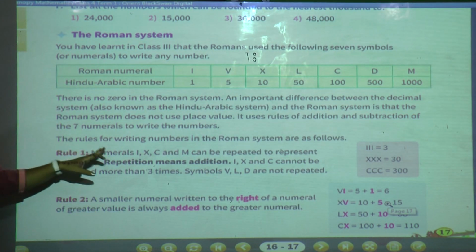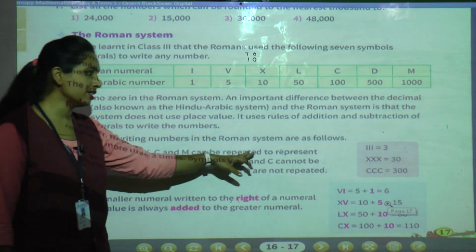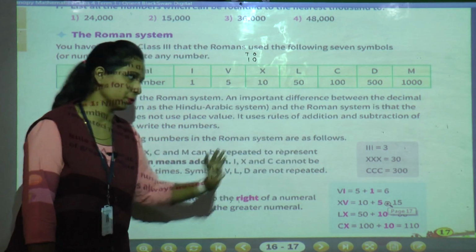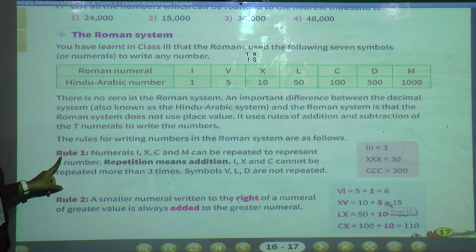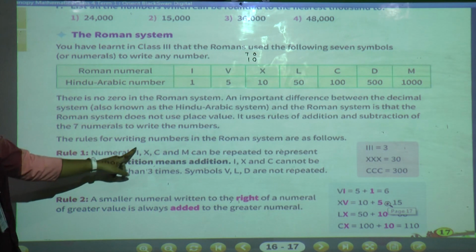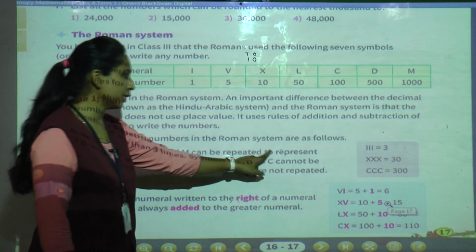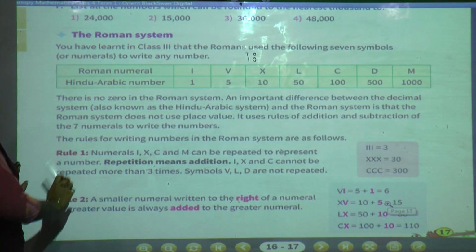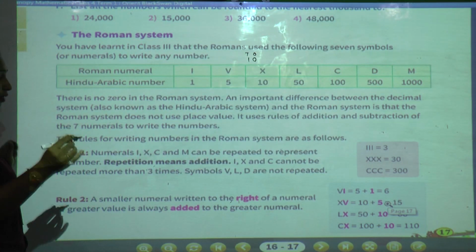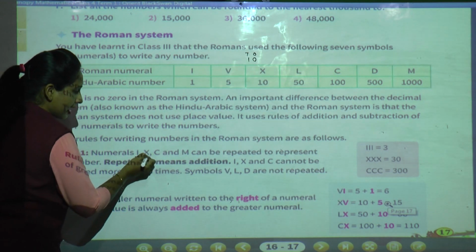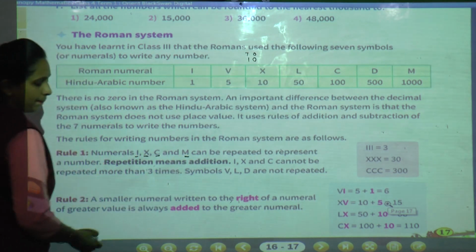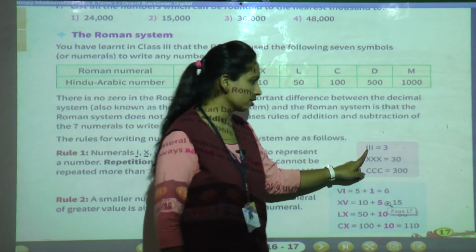The rules for writing numbers in the Roman system are as follows. See, the first rule, keep in your mind: numerals I, X, C and M can be repeated to represent a number. What can we repeat? I, X, C and M. How? See here in this box.